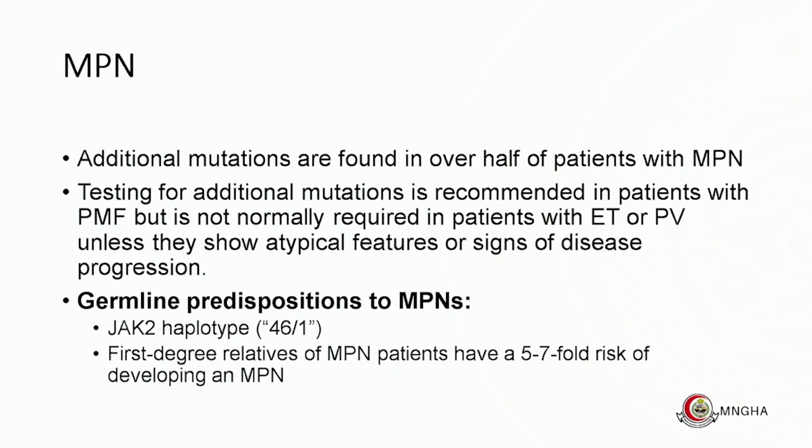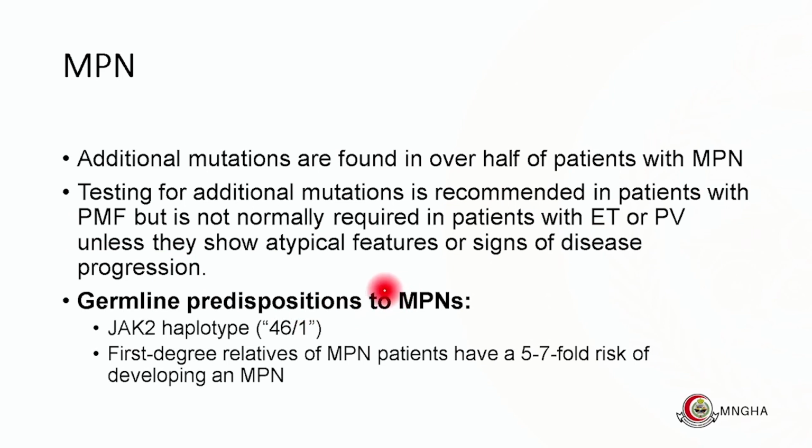In this version, the classification puts more emphasis on the importance of mutational analysis in MPN, especially in myelofibrosis, and also in ET and MPN if there is an atypical feature or sign of disease.